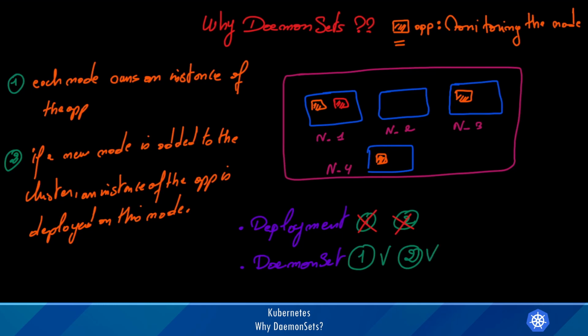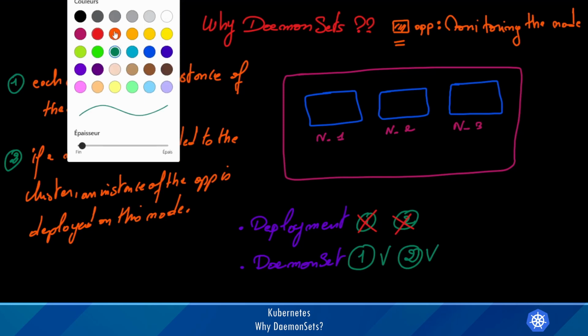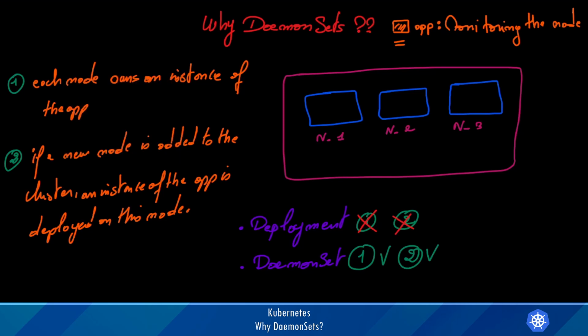So let's say that, for example, at the beginning we have a cluster of 3 worker nodes. So let's delete this node. With a DaemonSet object, we can make sure that each node in the cluster runs an instance of this app.